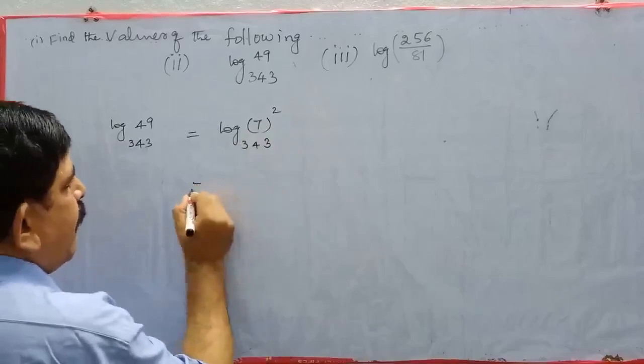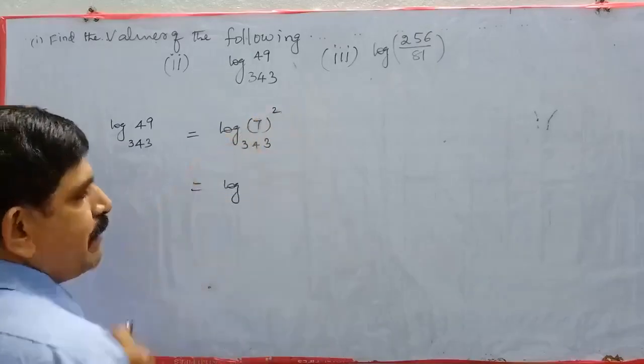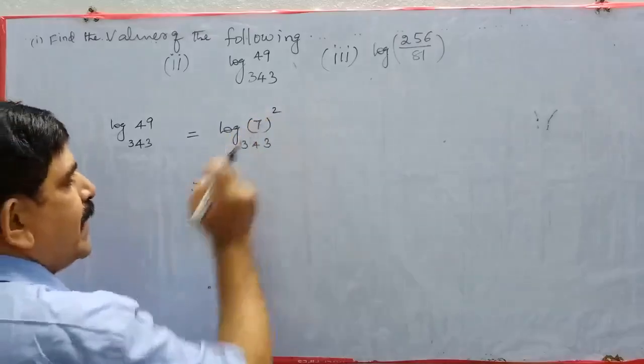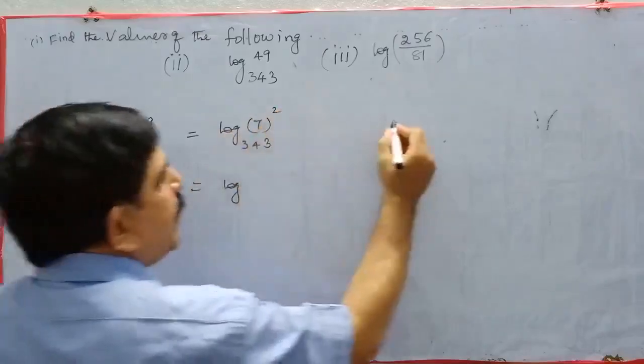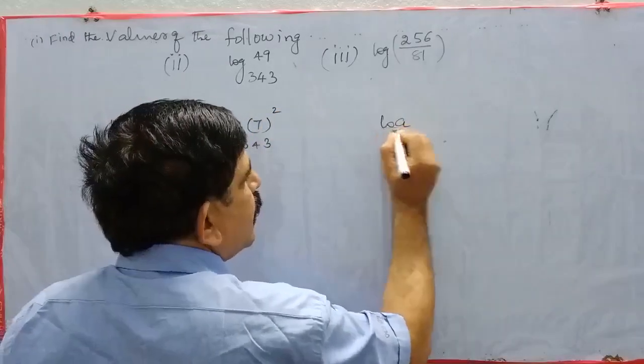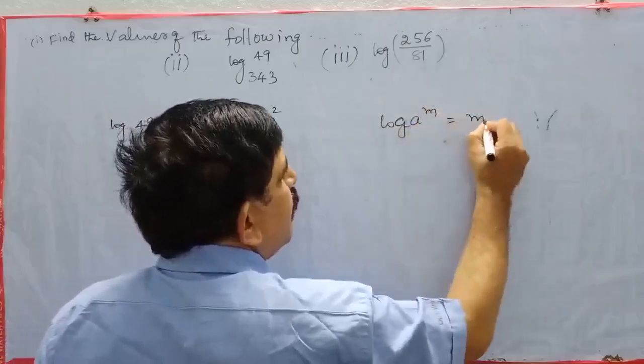Next step, log 7 can be written as... or otherwise we can write this using log a to the power of m, which is equal to m log a.